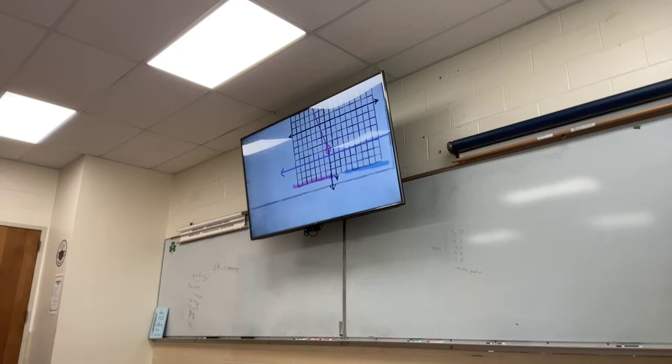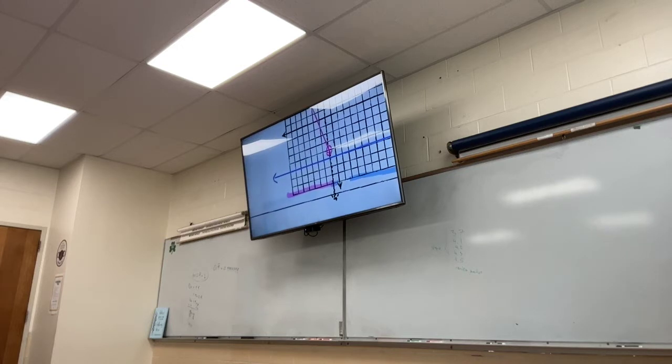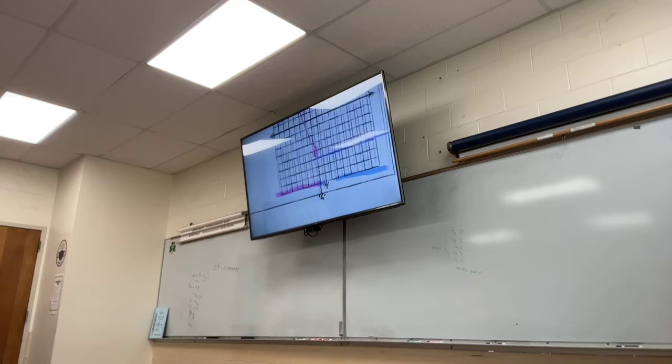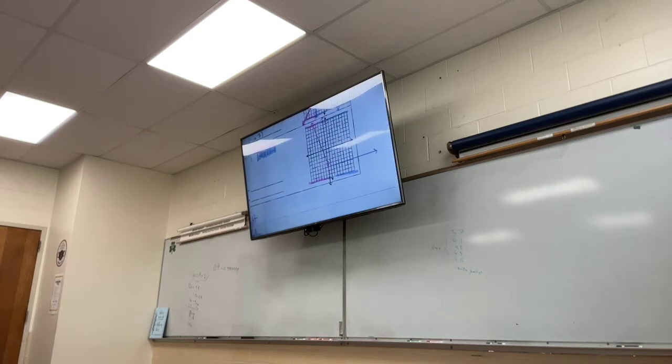And then I don't want any of that blue line to be in my pink region, so I'm going to erase to the left. And then since that has negative 5 if x is greater than or equal to negative 1, I'm going to put a solid dot there.